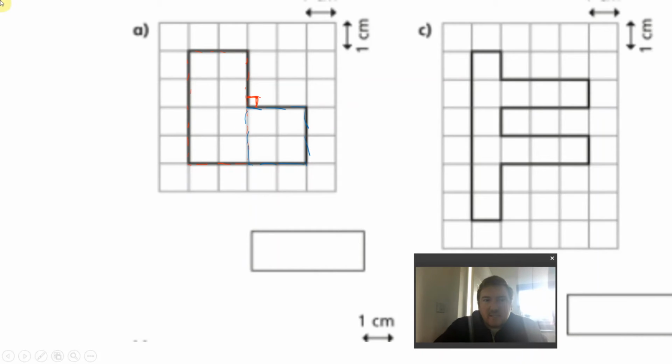So you can see this compound shape is made up of two simple regular shapes, a rectangle and a square.